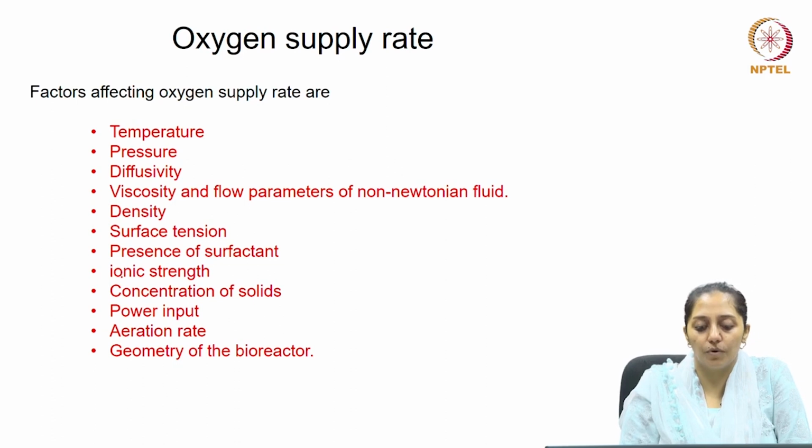Then the density, surface tension, presence of surfactants, ionic strength of the medium, concentration of solids, power input, aeration rate and the geometry of the bioreactors. So, there are n number of parameters which can affect the oxygen supply rate or oxygen transfer rate.